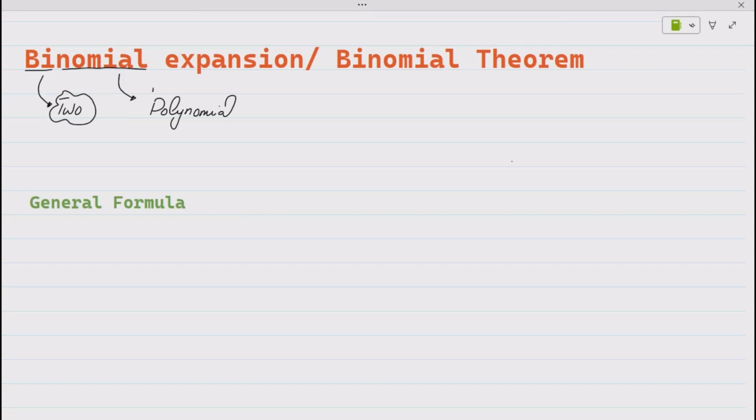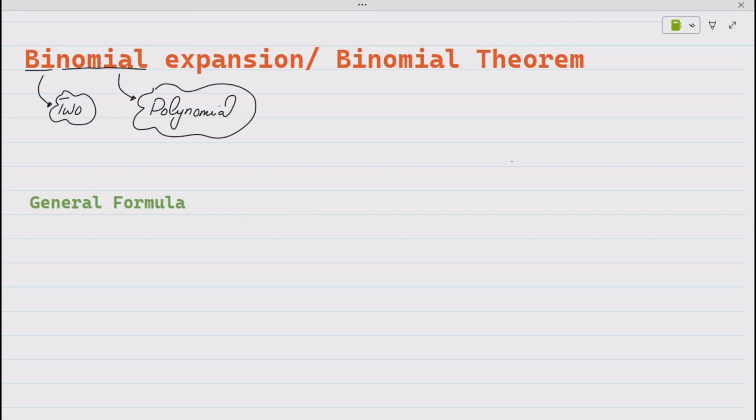So that's why the word contains bi, which means two, because the binomial formula has two terms, and the word nomial, which comes from polynomial, because when you open up the formula of binomial expansion or binomial theorem, you get a polynomial.